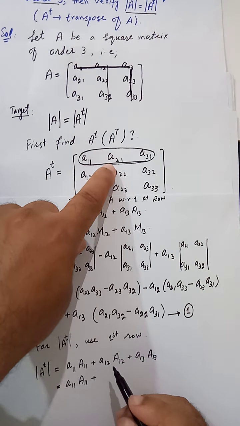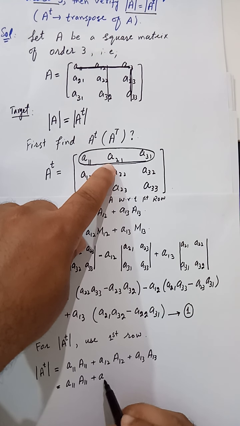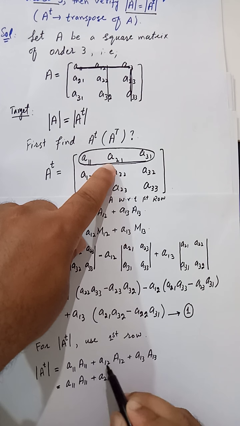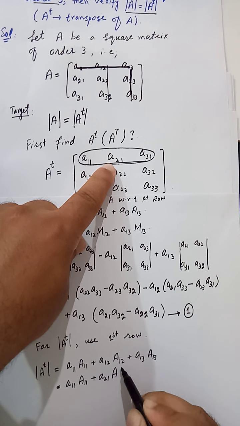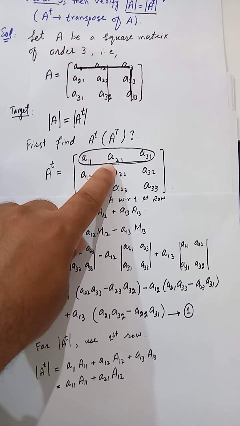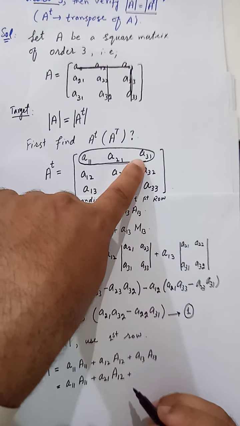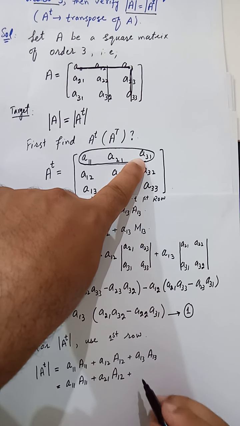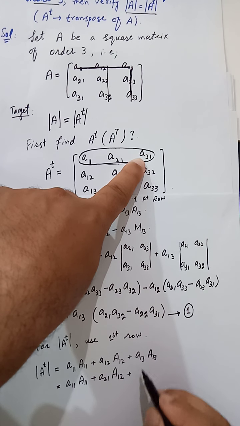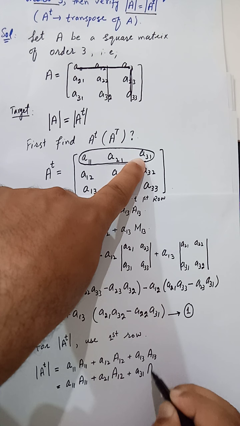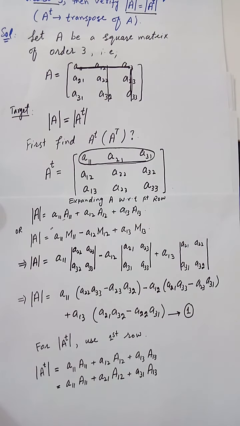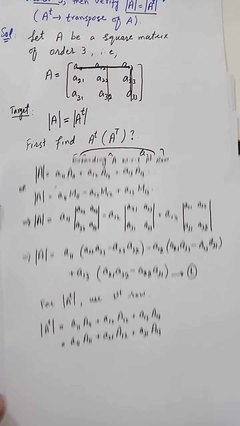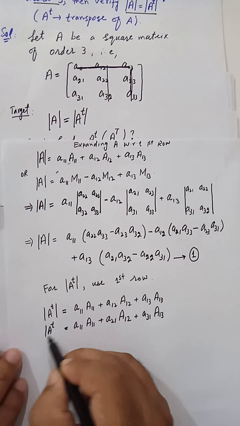Now the element present in the first row and second column is a21, so you must replace a12 by a21, and the cofactor must be A21 because you are expanding with respect to the first row. Similarly, the element in the first row and third column is a31, so I replace a13 by a31, and capital A13 remains as it is. So this is an important point.